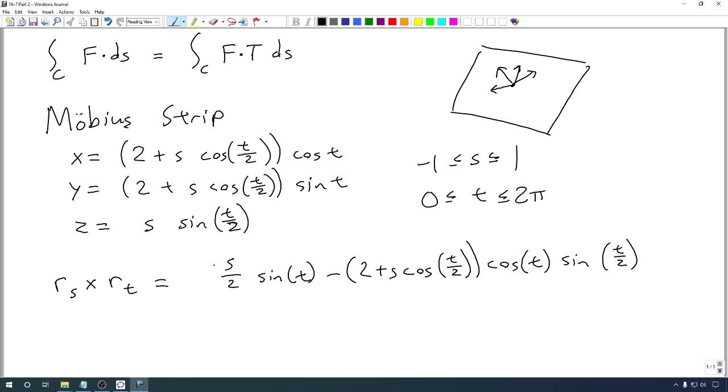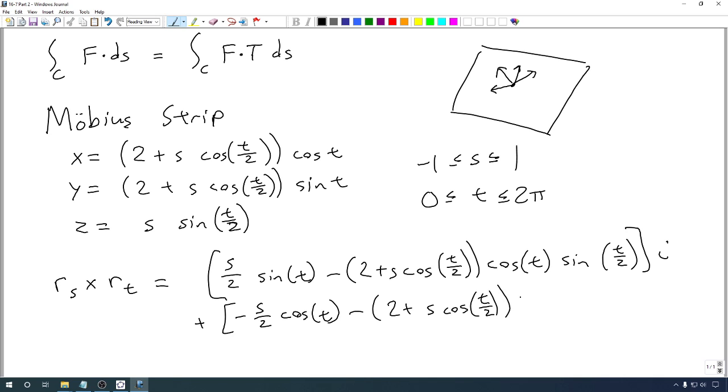That's our i component. We have essentially the same thing, but a little bit different for the j component. So this one turns into, we have a negative, we have a cosine, we have this same thing. This one turns into a sine, and this one stays sine. That's our j component.